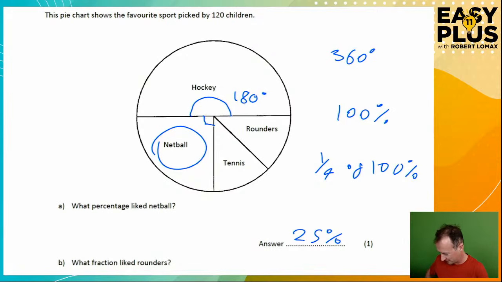Okay, back into things. What fraction liked rounders? So liked must be referring to the favourite sport that they've picked. It isn't very precise wording. It's possible that someone said that their favourite sport was rounders, but they also liked netball, but we aren't given that information, so we just have to go with it.